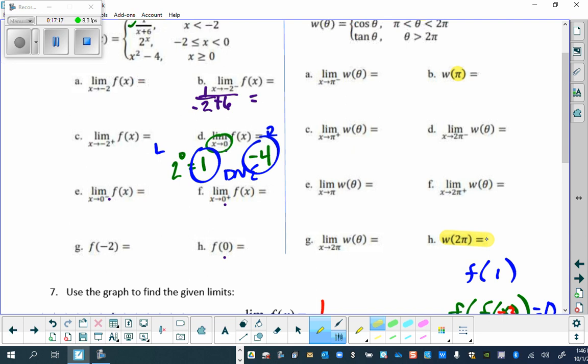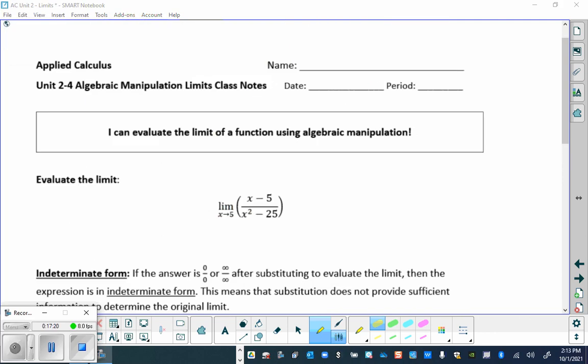Okay. All right, so did everybody pick up notes? Last time's class had us talking about calculating limits using algebra. Just like when we did algebra and slope, you don't always walk around with a coordinate plane in your lap for you to plot points and count slope or look at something.